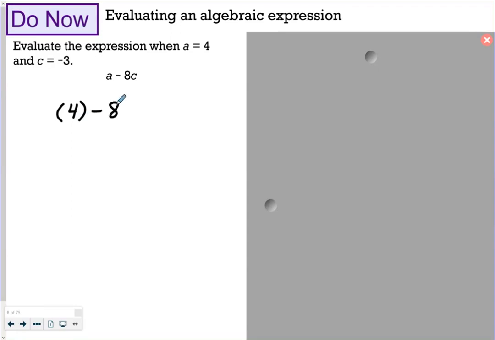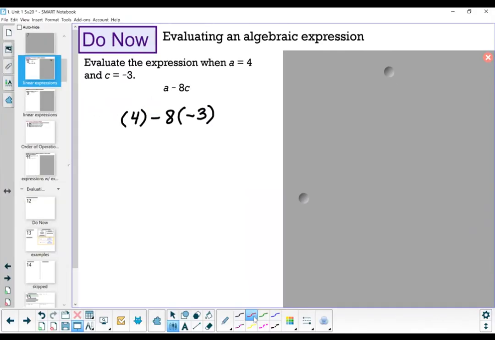Now I'm going to put parentheses again for the C. Inside of that parentheses, I'm going to put the -3. There we go. I've substituted for my A, and we've substituted for the C.